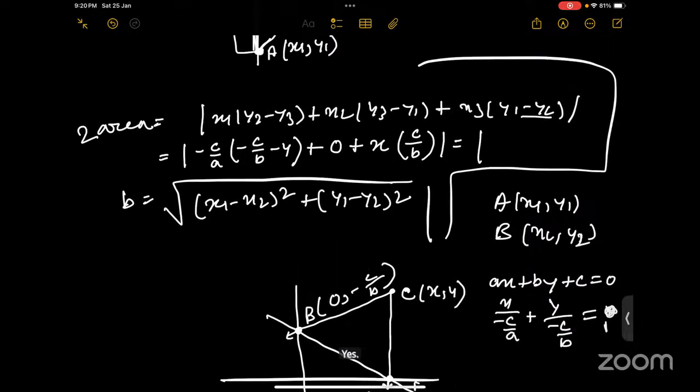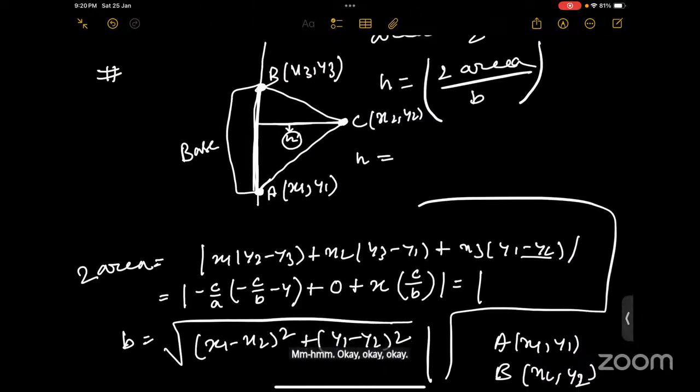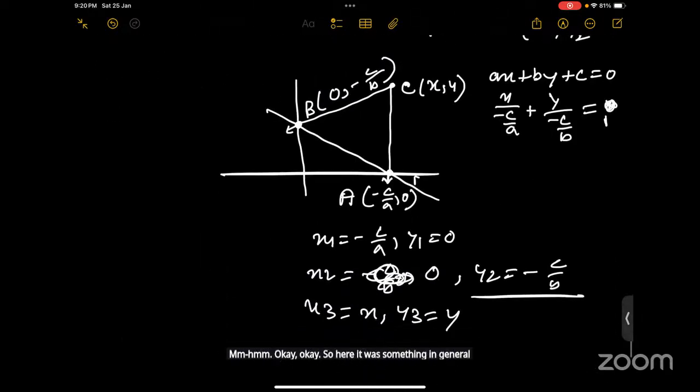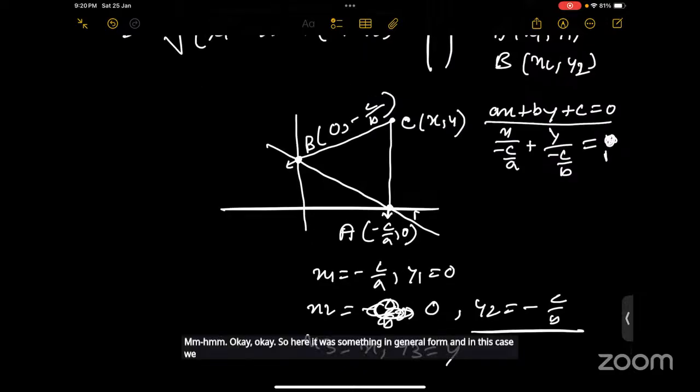Here it was in general form, and in this case, we took the general form of a straight line. So we get the values of x1, y1, x2, y2 and x3, y3.